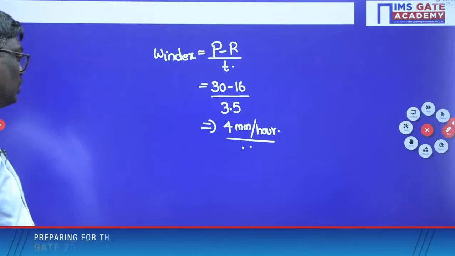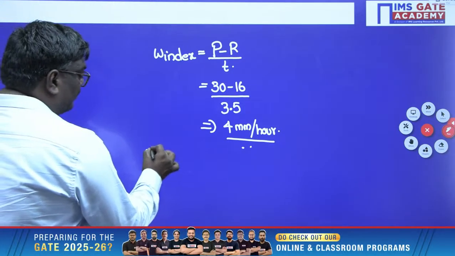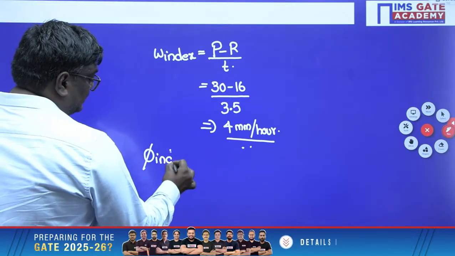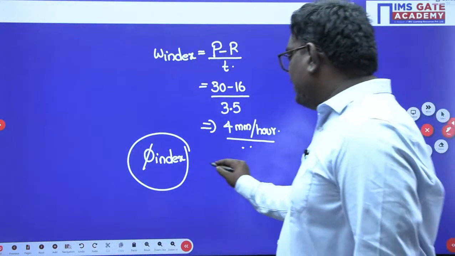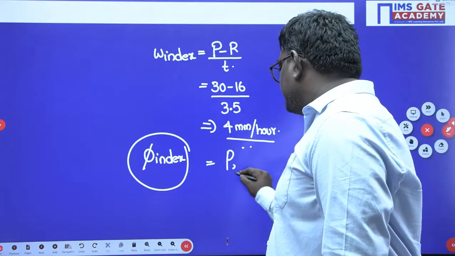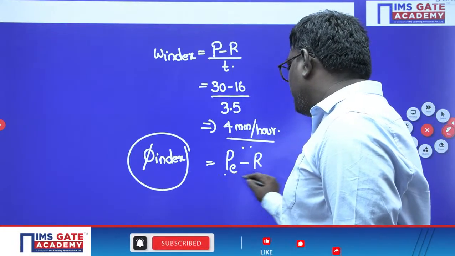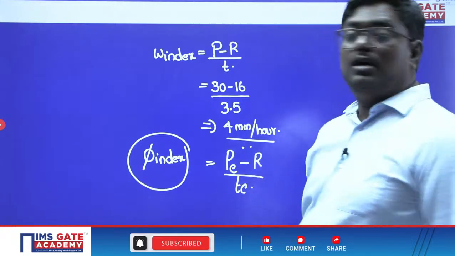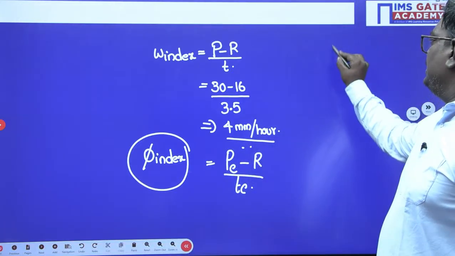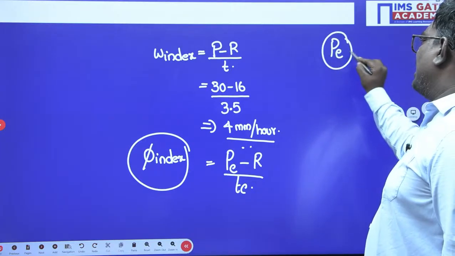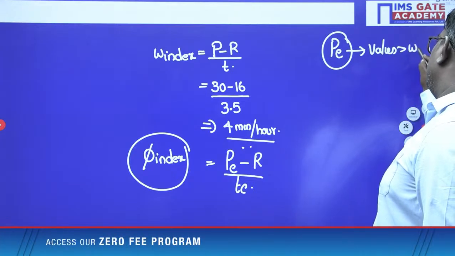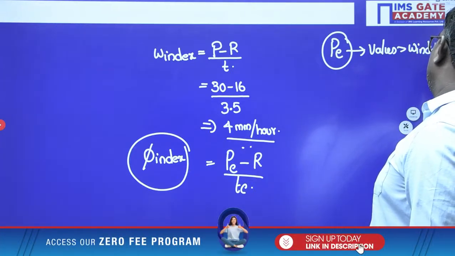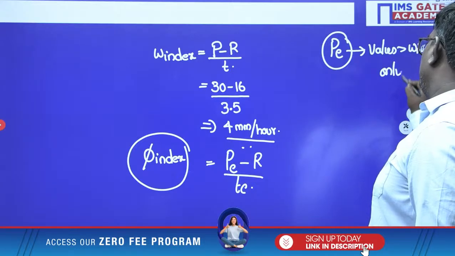Agree? So you know now how to calculate the W index. Now in the phi index, what is the formula I have told you? It is defined as the formula of precipitation minus runoff upon time of excess. Now in the precipitation PE, you have to consider the values which are more than the W index only.